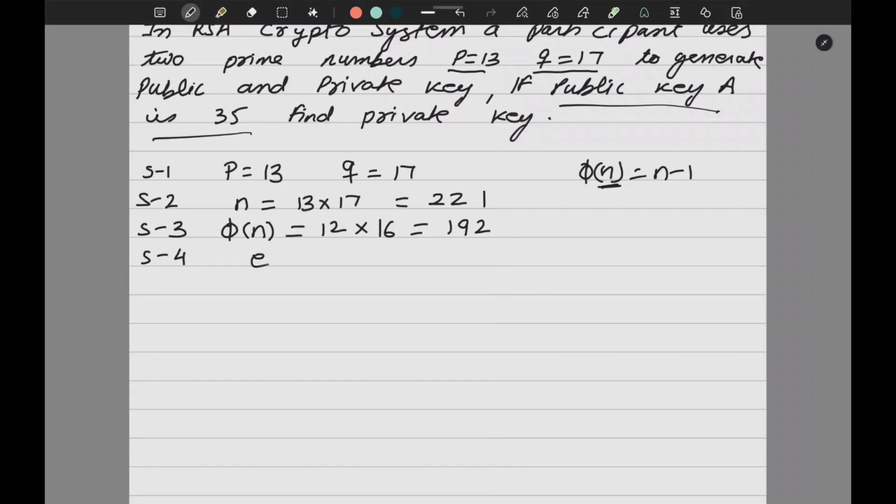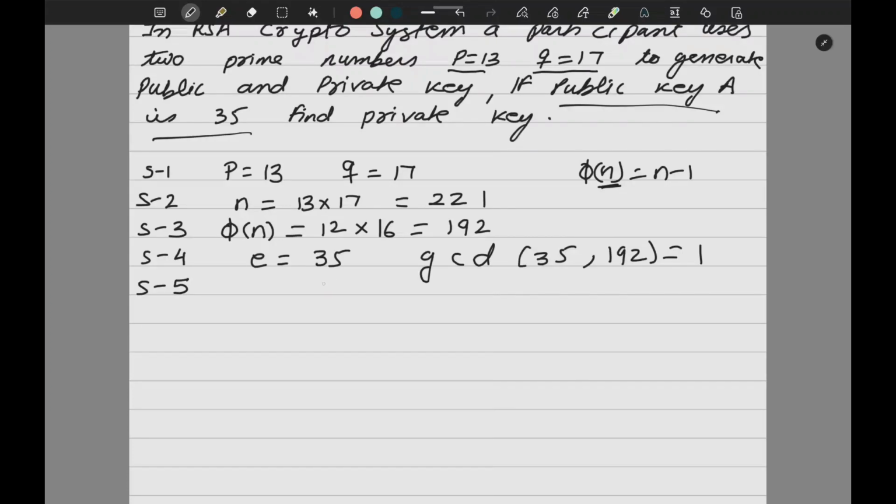Means they have defined the value of E. And you will just cross check that GCD of this E, 35 and 192, is equal to 1, because the condition of this E was that it was between a range and its GCD should be 1. Okay. Now to find out the private key, we will write down the next step.